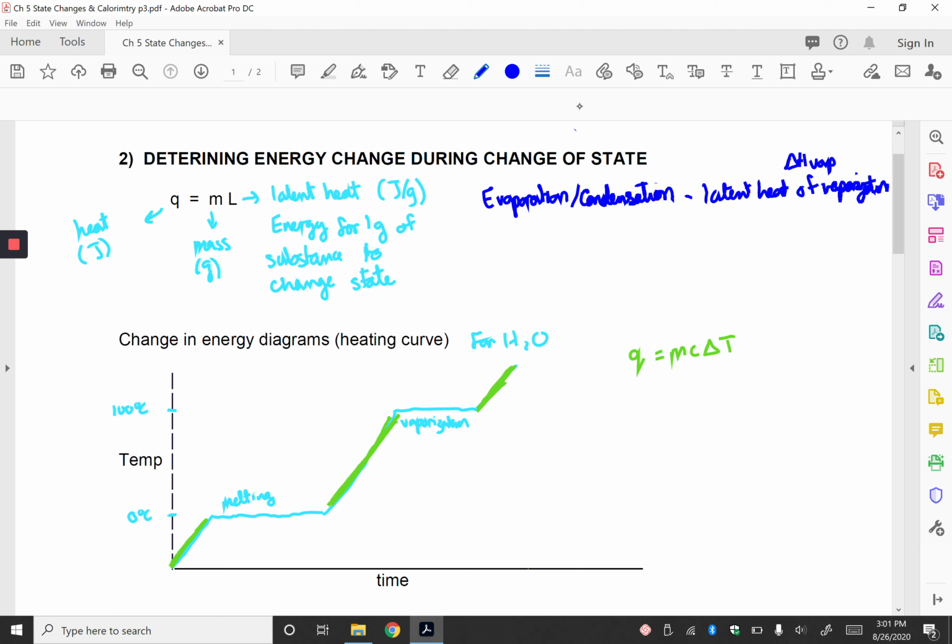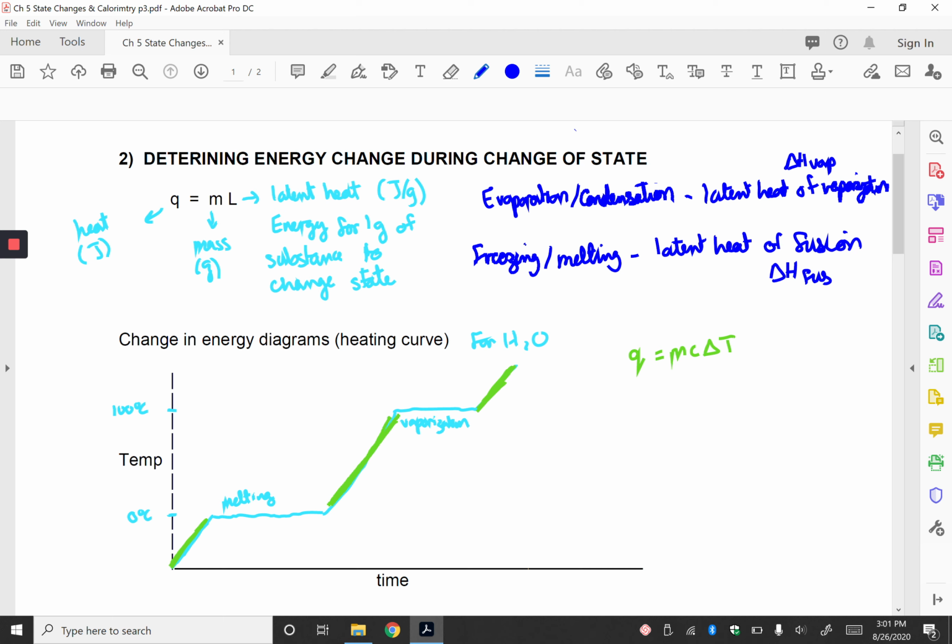For freezing and for melting, we use latent heat of fusion is what we call it. Fusion means melting. ΔH fuse.